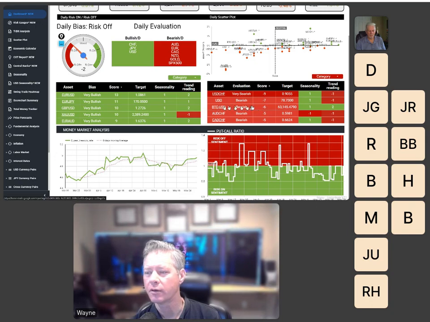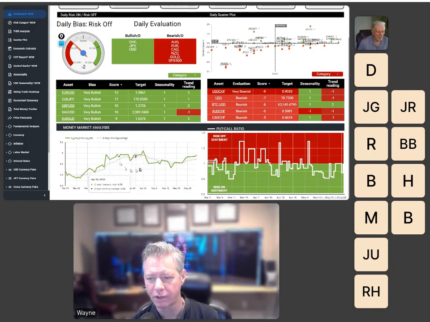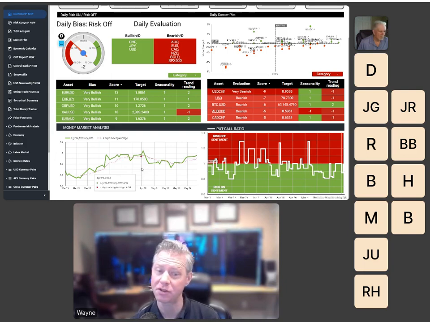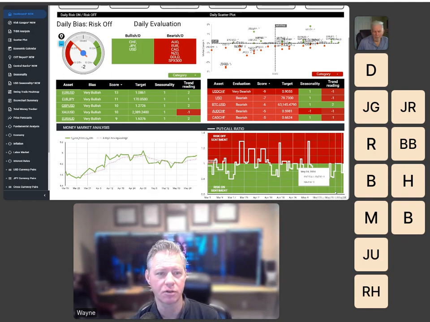All right, so here's that, and then here's the put call ratio. This is the money market. This is treasuries, the government borrowing over here, and the market's willing to pay a low price or a high price. That'll show us risk on or risk off. But over here is what the options traders are doing.